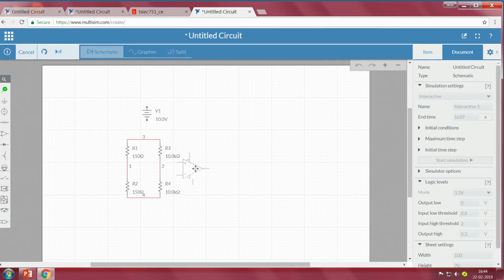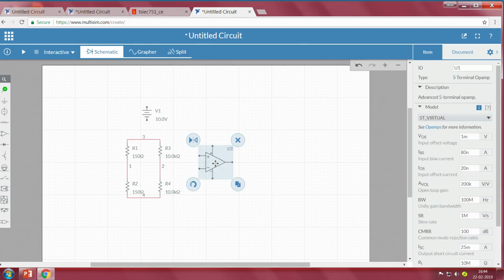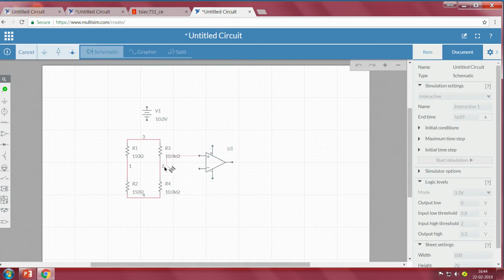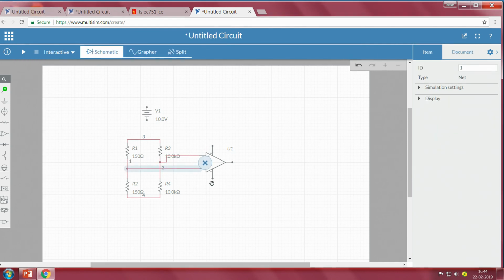Now let's consider the amplifier circuit here, and then establish connections from each of these branches to the bridge circuit. So the other terminal goes to the other arm of the bridge, and we have to connect the supply to the amplifier.